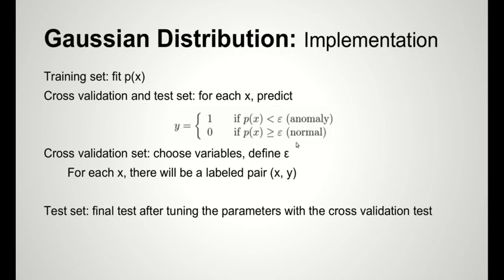So after tuning the parameters with the cross-validation set and choosing the appropriate epsilon, we can now present to our model new data, which is the test set, and we want to see if it evaluates correctly all these samples.